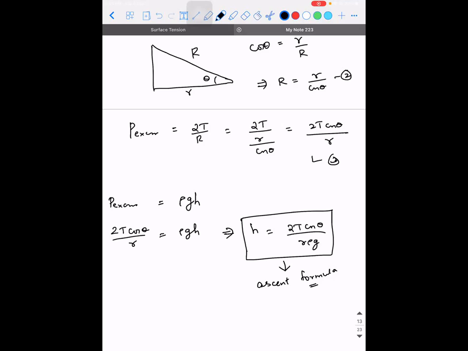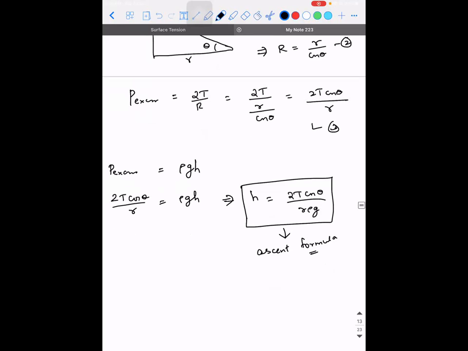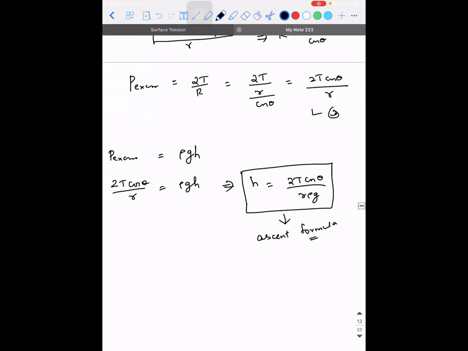If you have a lab manual, you can check this experiment. It will be under the concept of surface tension. Is that clear, guys? Yes, sir. Good.